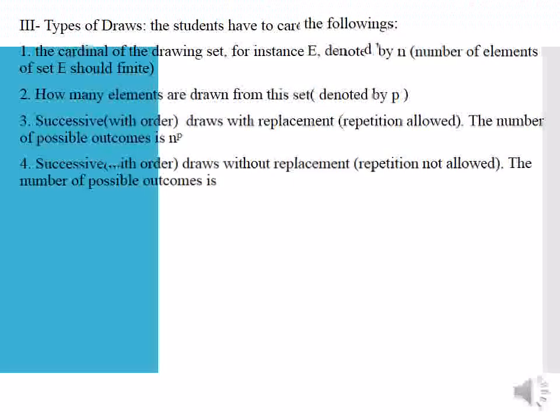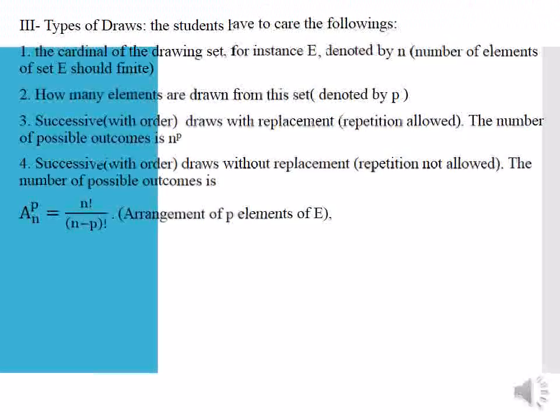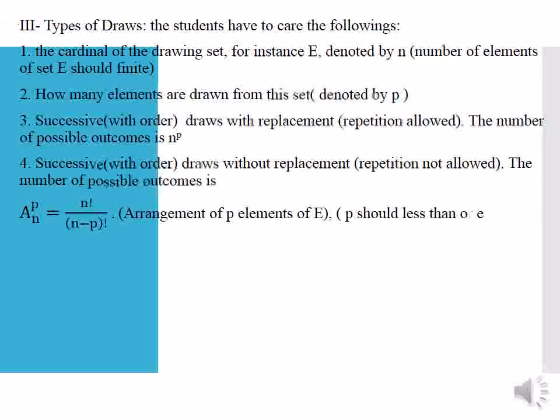In this experiment, repetition is not allowed. The number of possible outcomes will be A(n,p) = n factorial over (n minus p) factorial, and we call this experiment an arrangement of p elements of E. p should be less than or equal to n in this case.